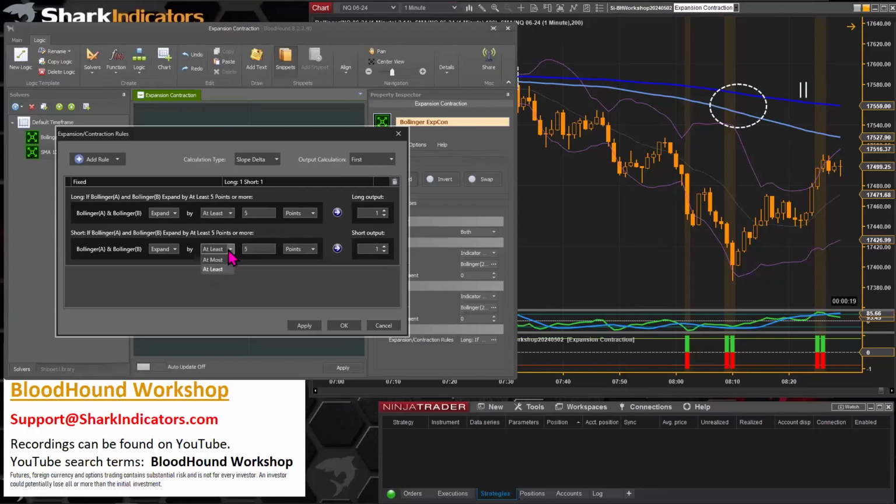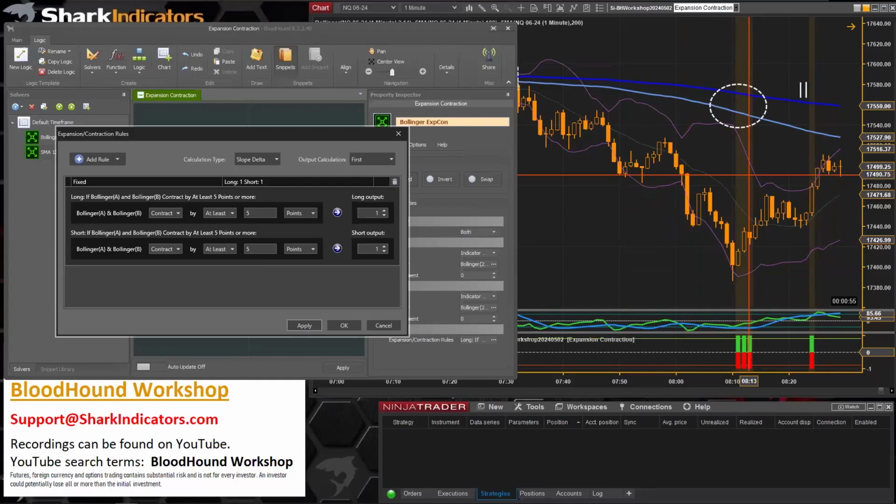Let's see what else. Right, so the reverse would apply to contraction. So I guess we'll just run through contraction real quick. Okay, so let's see if there's any contraction that's greater than 5 points. Oh, there is. Okay, so probably because of the upper band.